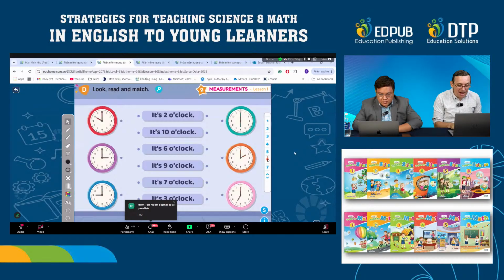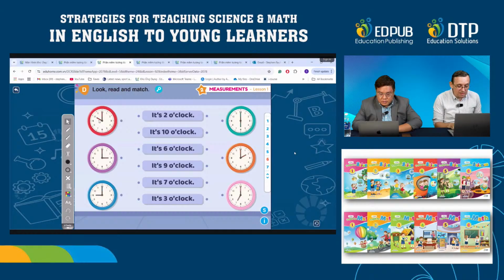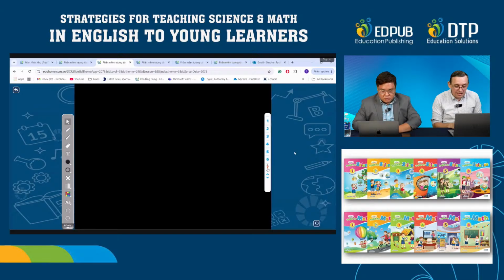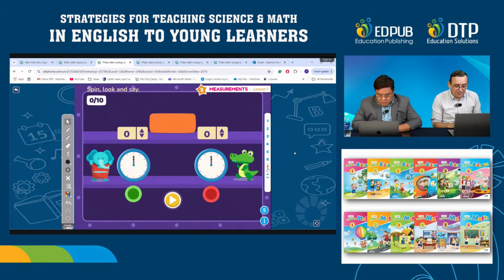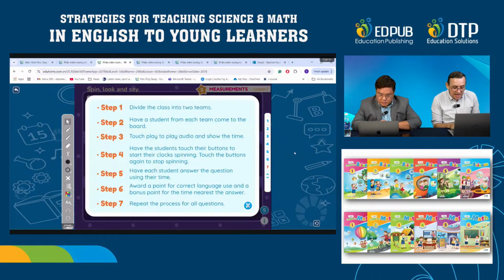Here we've got a matching where we can ask the students to come up and match the times. There we go. And finally, we finish with a team game. So you can see here, this is a team game. Again, we have the instructions here.